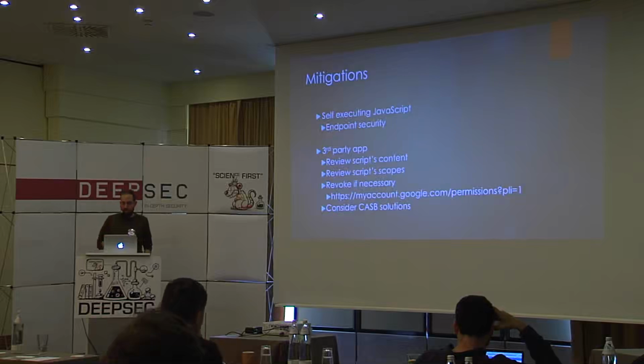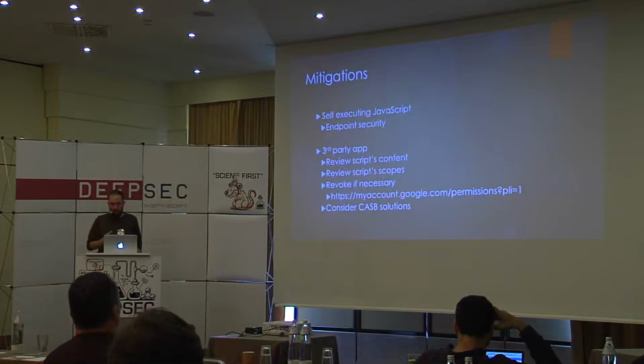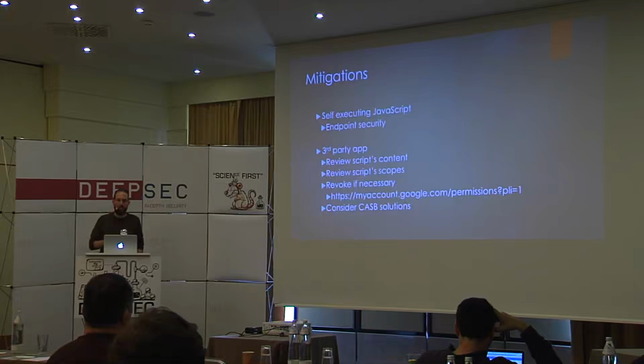Another thing you can do, if you're a paying user of Google G Suite, is use the admin console, where you can whitelist apps or manage third-party applications, including Google Apps Scripts. So, yeah, that's about it.